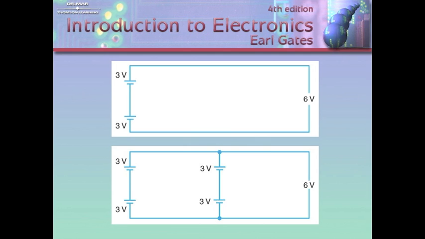Yeah, that may be correct, but there's another thing that I'm looking for here. Assume that these are all brand new cells. Why would I want to use the bottom circuit instead of the top circuit? Yeah, but let's assume it's not going to go bad. You guys know the answer to this.